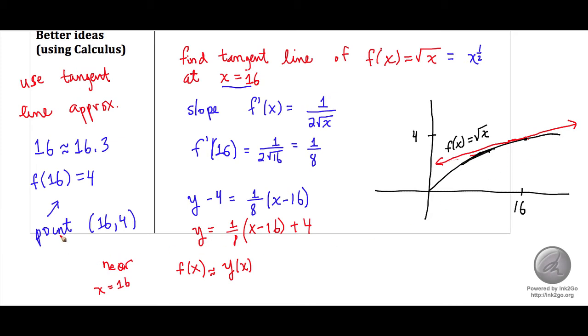So if we want to estimate the square root of 16.3, and this is the idea here, all we really need to do is plug 16.3 into y. So what this tells us is that f of 16.3 is approximately equal to y of 16.3.